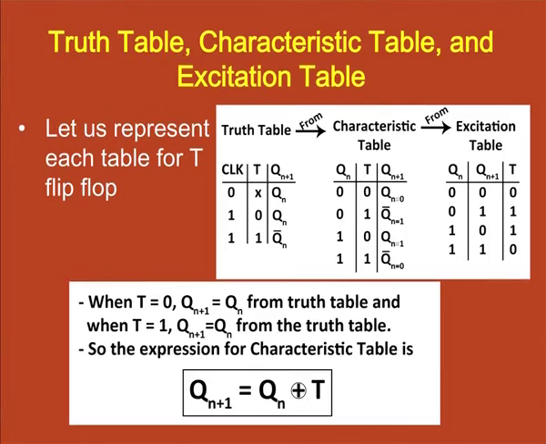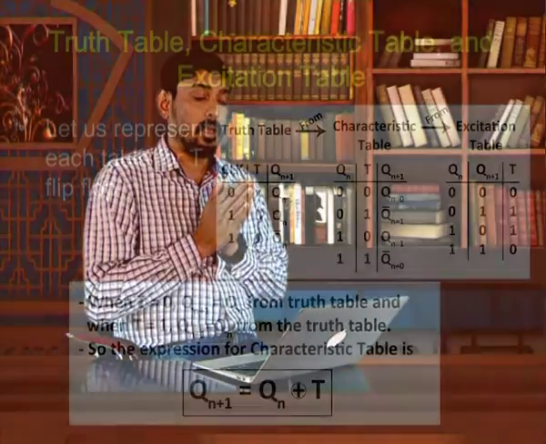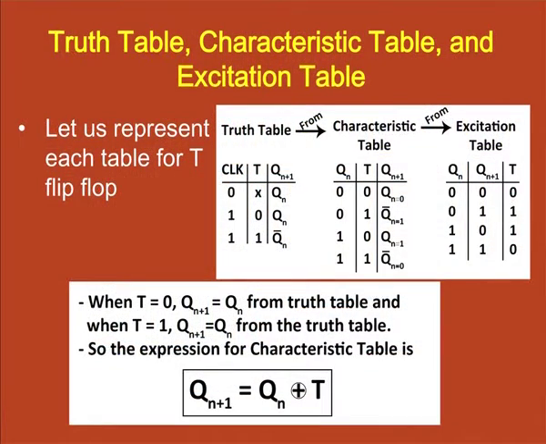Now, what is the characteristic table? The characteristic table tells us the information about the next state when we know the present state and the input value. Here when the present state is 0 and the input value is 0, then the next state is the present state only.